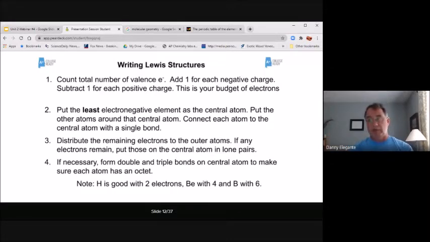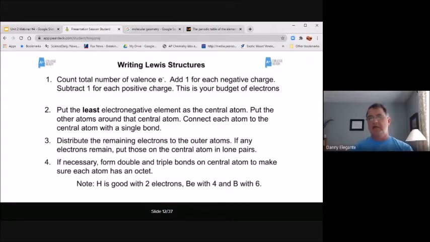And you put oxygen in the middle because hydrogen can't go. And then you'd hook them together with single bonds. Single bonds represent 2 electrons. So that means every time you have a single bond, you spent 2 electrons. And then anything extra first goes on the outer atoms. Hydrogen only needs 2, so hydrogen doesn't get any more.